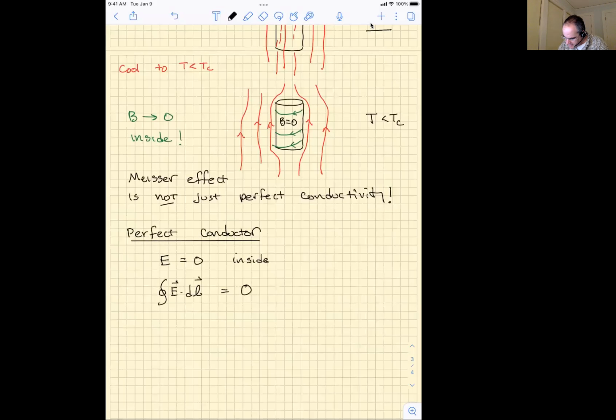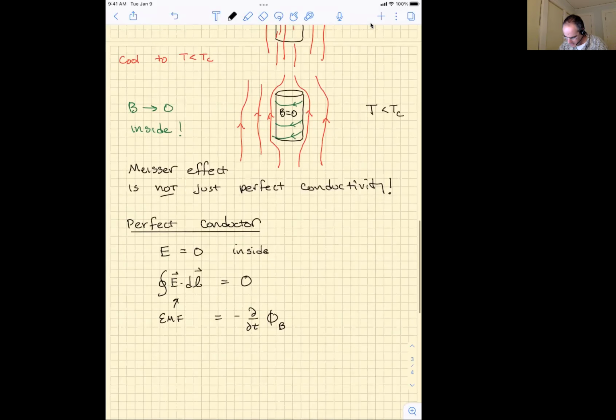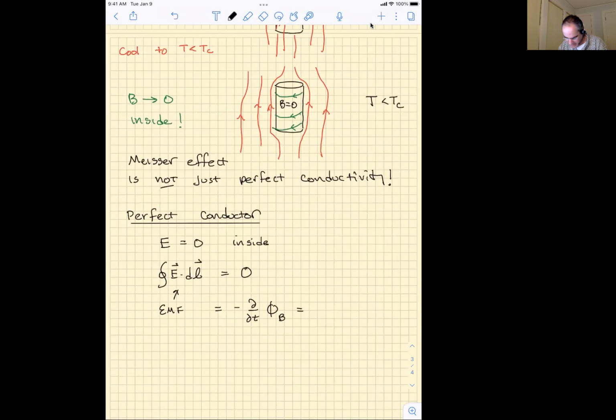But this is just the electromotive force around the ring. And we know that this is equal to minus the rate of change of the magnetic flux through the circuit, through the loop. And the magnetic flux can be written as just the integral of the magnetic field integrated over the loop. Okay?